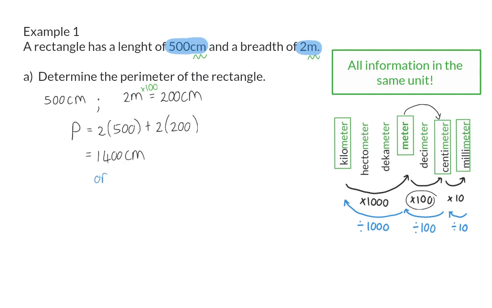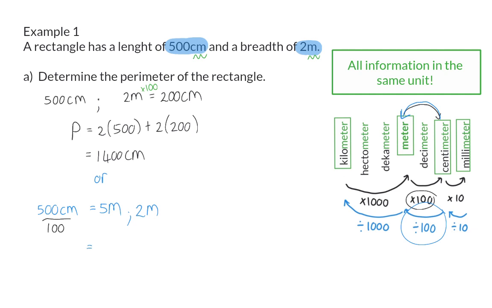Or you could have chosen to change everything to meters. So the 2 meters will stay like that. And now we need to change the 500 centimeters to meters by dividing by 100. If you do this, you will see that 500 centimeters is actually equal to 5 meters.